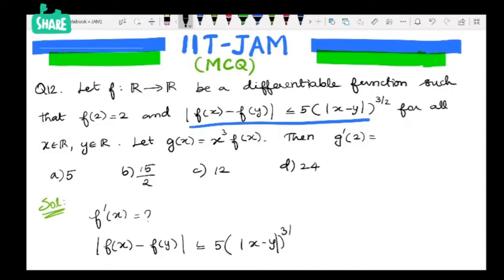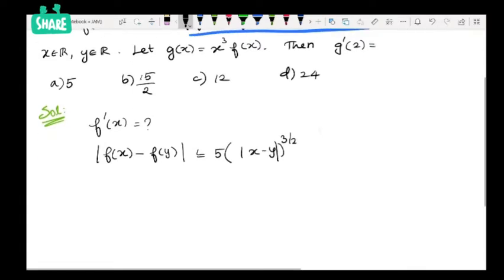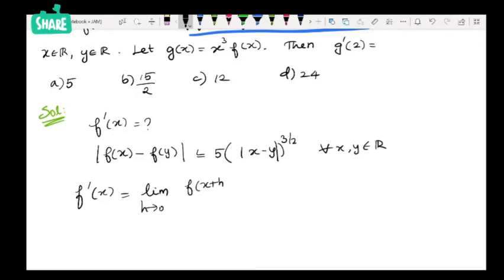But what is f dash of x? F dash of x is equal to limit h tends to 0 of f of x plus h minus f of x by h. So this is almost like the same.